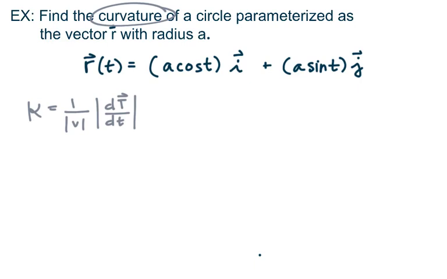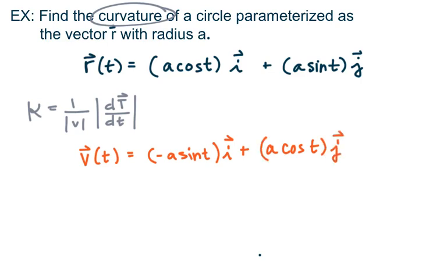So first things first, we'll find v. The derivative of a cosine t would be negative a sine t times i, plus the derivative of a sine t would be a cosine t j.